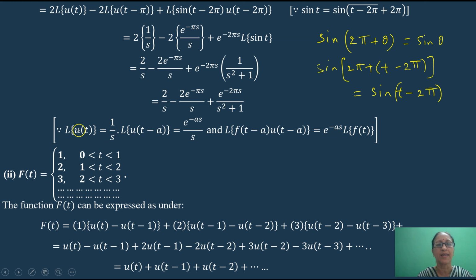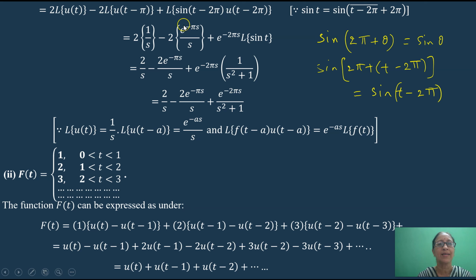Now for each and every term we should use these formulae. L of u of t, Laplace transform of unit step function, that is 1 by s. So here 2 into 1 by s minus 2 into Laplace transform of u of t minus a equal to e power minus as upon s. When you compare this with this one, in the place of a you can find pi.